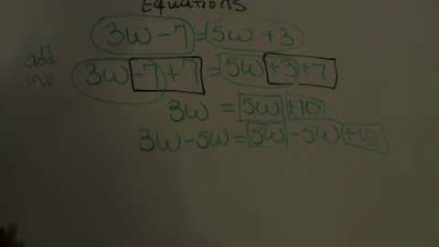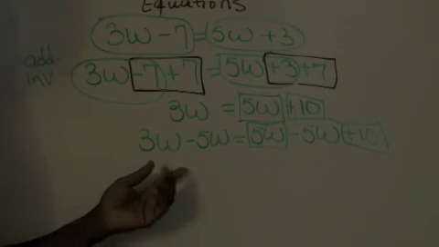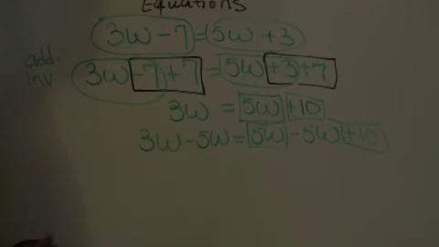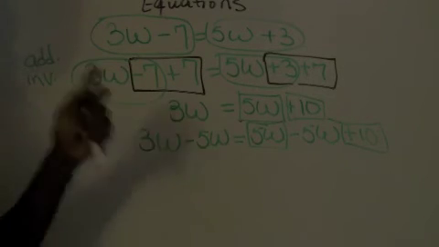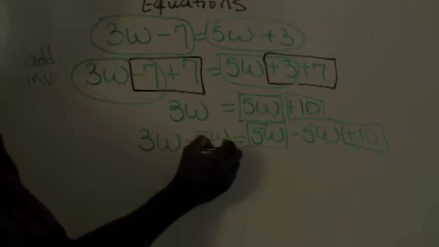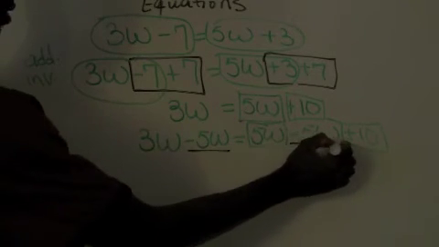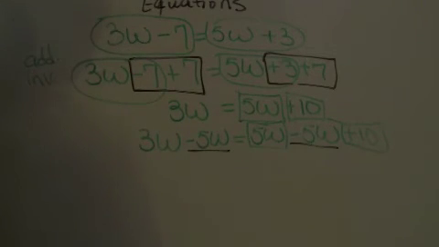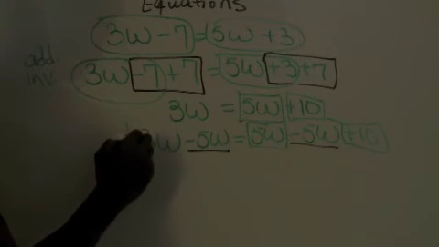The only thing that's changed on both sides of the equation is the negative 5w. Negative 5w here, negative 5w here. That's the only thing that's changed. Otherwise, everything is the same as it was above.